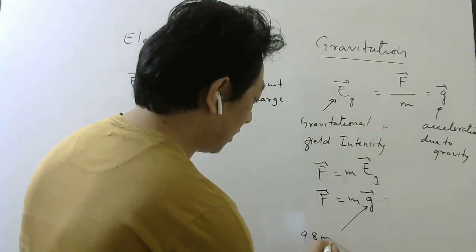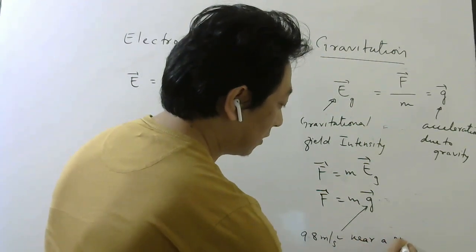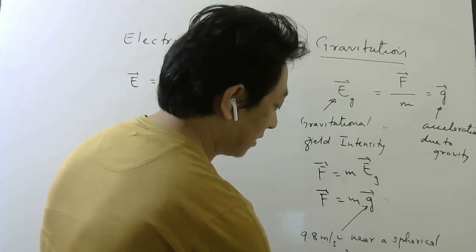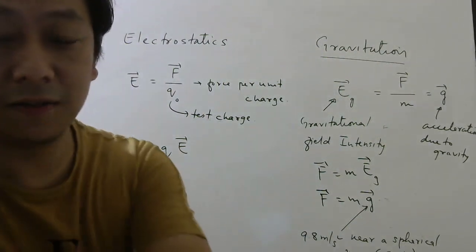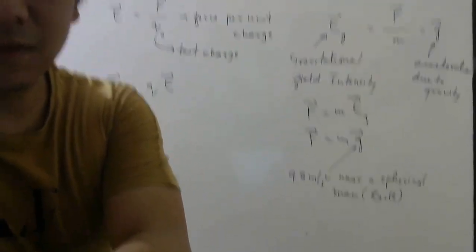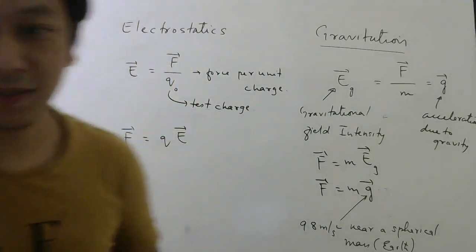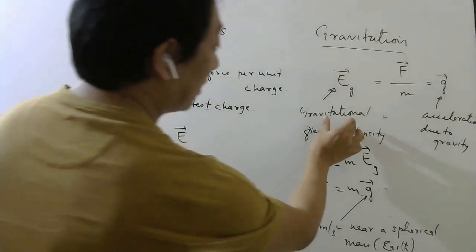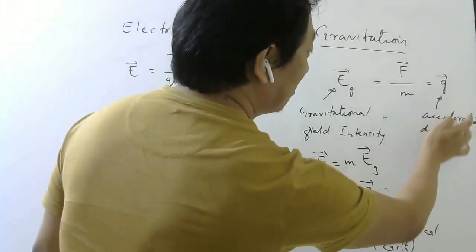This is 9.8 provided you are near a spherical mass, like Earth. If it is 9.8, then it means Earth only. Okay, because for Moon the value of this will change. Okay, fine. So again, what we say as gravitational field intensity is nothing but acceleration due to gravity.